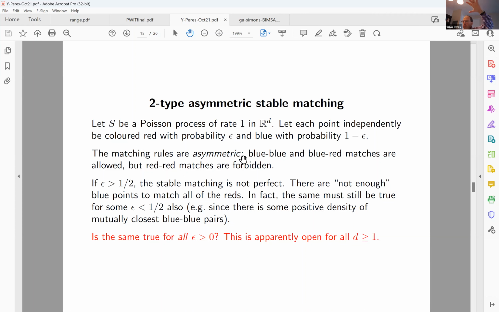But now the matching rule is asymmetric. Blues can match with blues and with reds, but reds will not match with other reds. So we're putting the red density at epsilon on purpose. So we think of the red density as small.